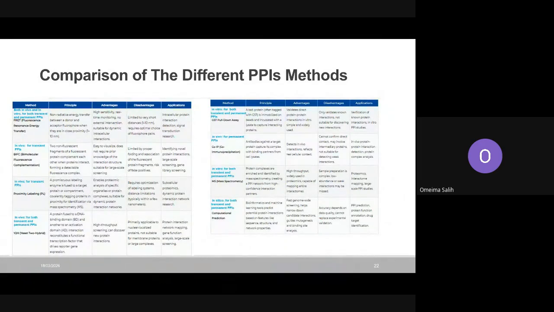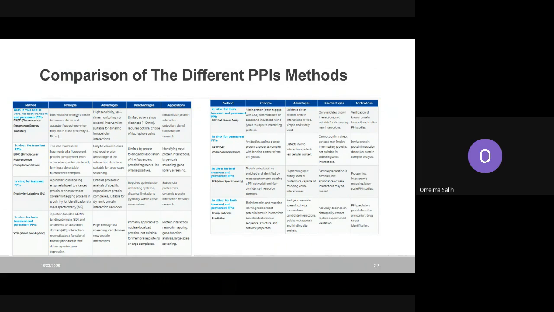It depends on labeling a protein using an enzyme, and then testing the type of bonding between the proteins and the tagged protein, and this gives more information about the dynamics of the interaction between the different proteins.